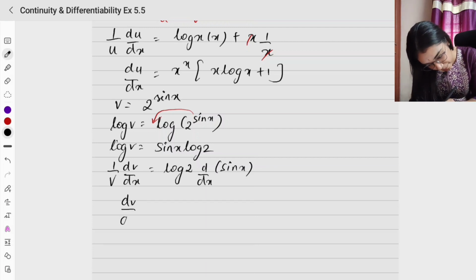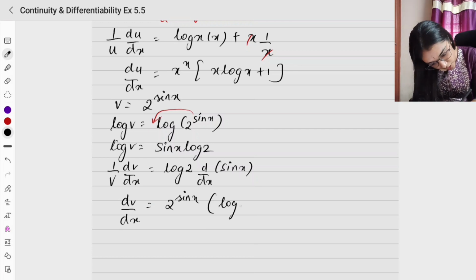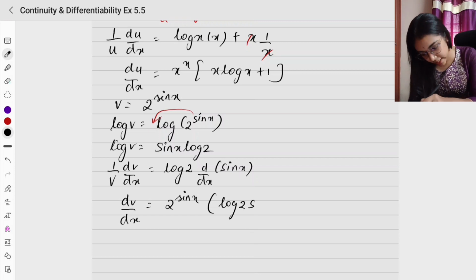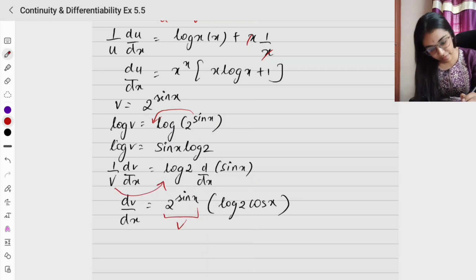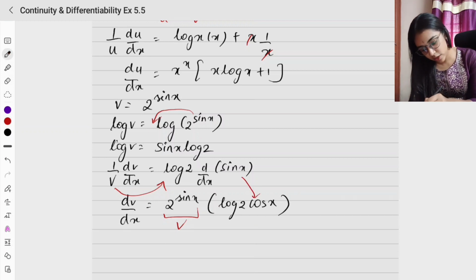So dv by dx is going to be v times, which is 2 to the power sin x, times log 2 times the derivative of sin x, which is cos x. You understand? The v comes to the other side. So this is my v, 2 to the power sin x, times log 2, times the derivative of sin x, which is cos x. Understand?